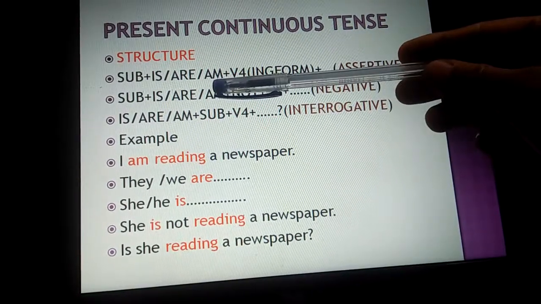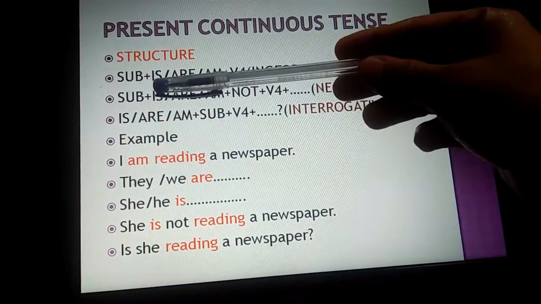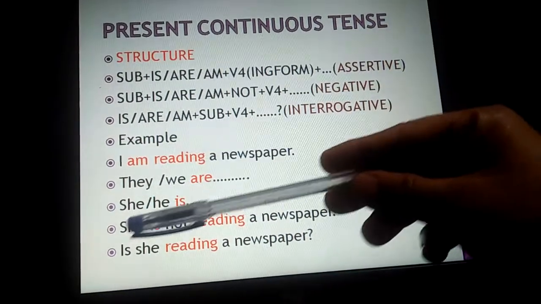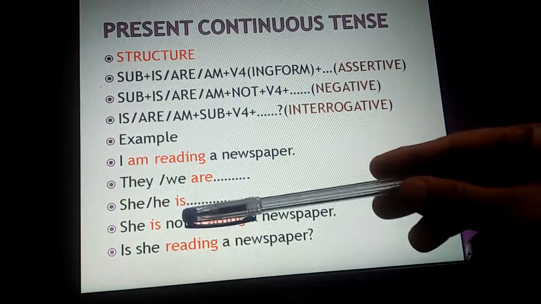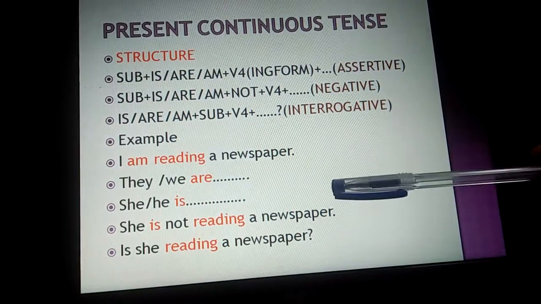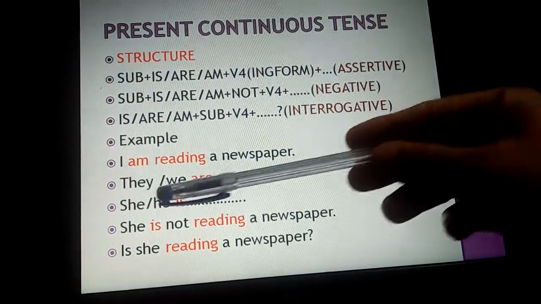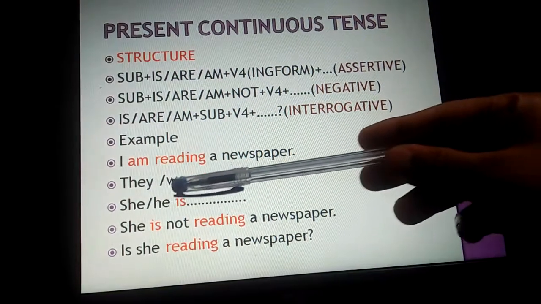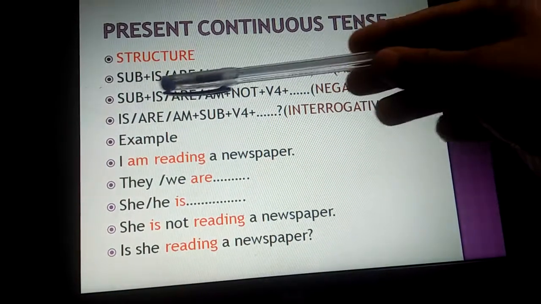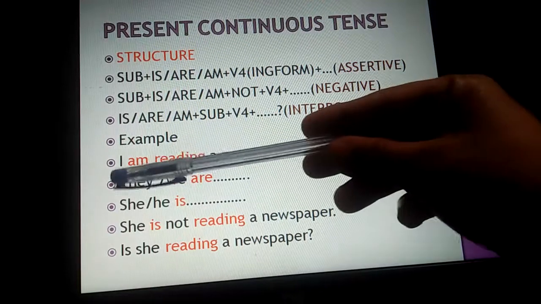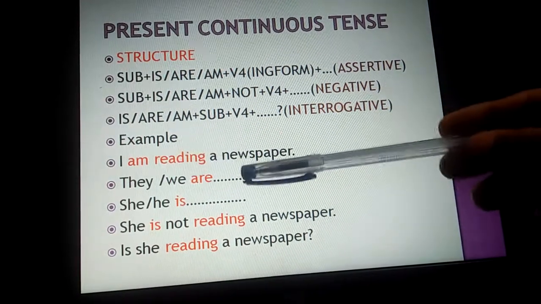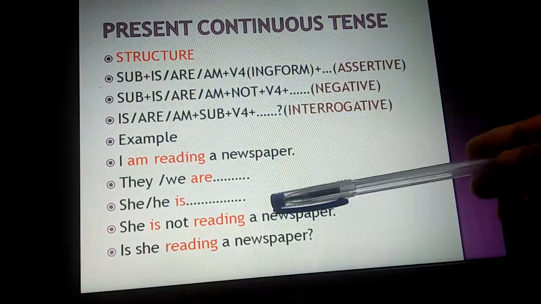That you have to learn. Is is used with singular, he or she is reading a newspaper. Are is used with plural form, they or we. Am is used with I: I am reading a newspaper.